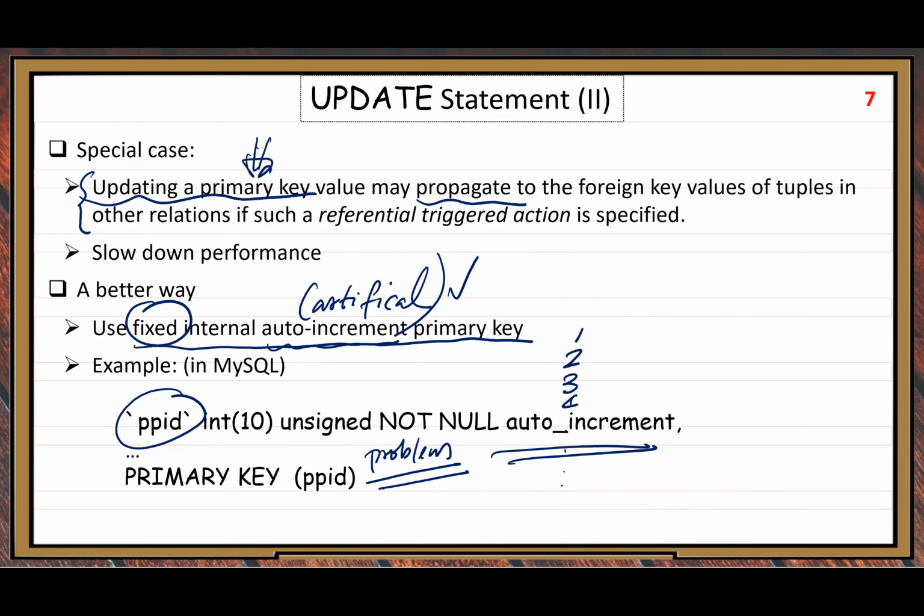Every time we increase this number by 1, automatically. You do not need to specify it. This feature is supported by MySQL, so it is very convenient. For other DBMS, this feature may not be supported, so you need to find a different way to do it.